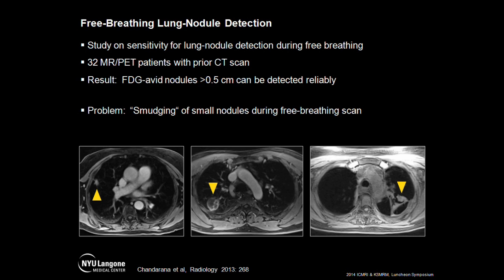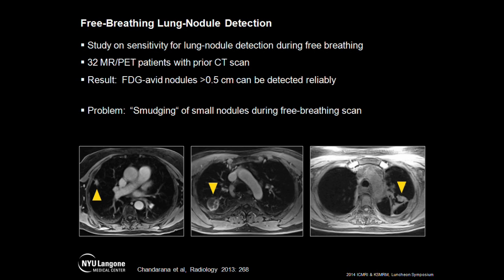Therefore, we performed a clinical study. In this clinical study, we looked at 32 patients where we had CT scans as a reference. This allowed us to look at which nodules could be detected on these StarVIBE free breathing scans. It turned out that we can quite reliably detect lung nodules that are larger than 5 millimeters, which is not too bad.